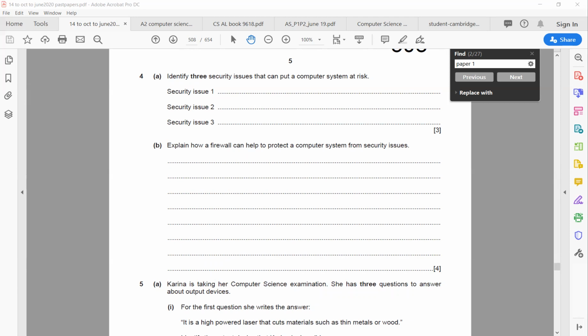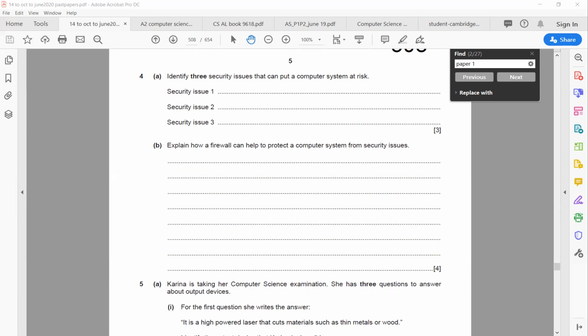Explain how a firewall can help to protect computer system from security issues. Okay, now this is the same question, firewall, ये पहले भी एक पेपर में आ चुका है। तो किस तरह वो करता है protect firewall जी? So basically firewall is just like a filter. Whenever any data enters into your computer the firewall stands in the way.